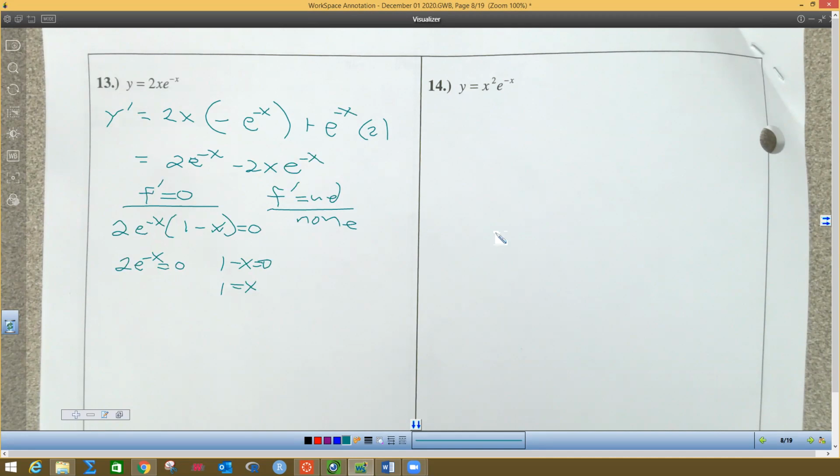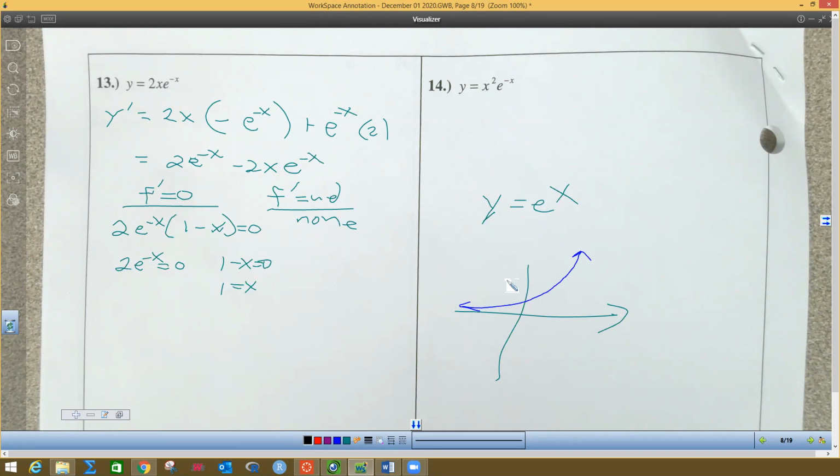Now we need to remind ourselves about what e to the x looks like. All exponential graphs look similar to this. They usually are above the x-axis. They go through 0, 1, and they take off. Now the 2 makes it go up twice as fast, which isn't really a big deal. That negative in front reflects it over the y-axis.